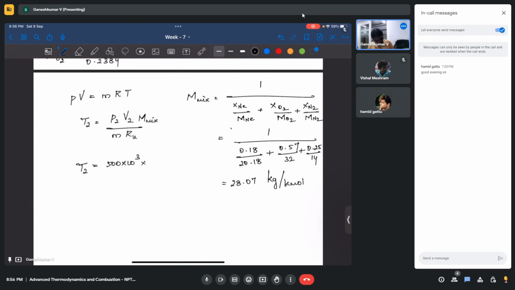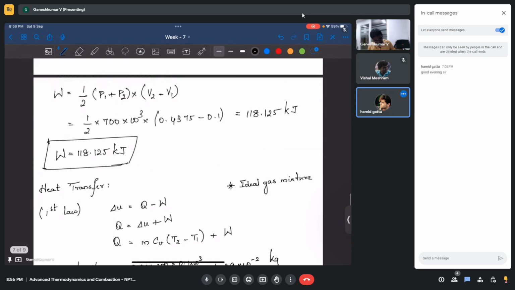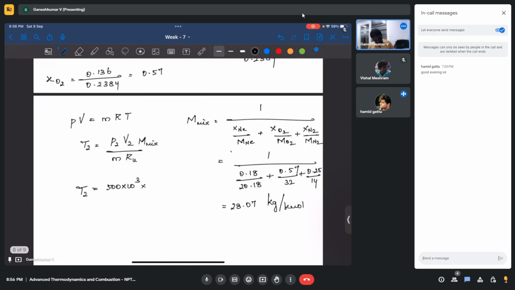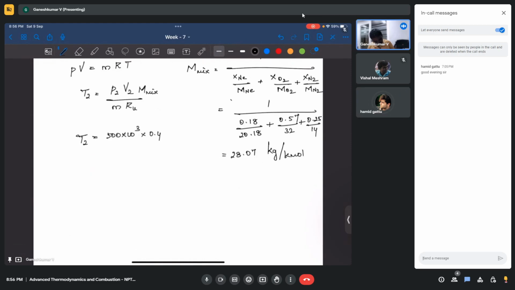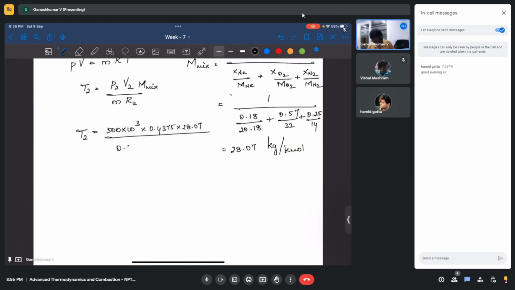V2 we found out, how much was it, 0.4375, I guess. And the molecular weight of mixture is 28.07, whole divided by 0.2384. Mass is not going to change, as you said, and 8314.